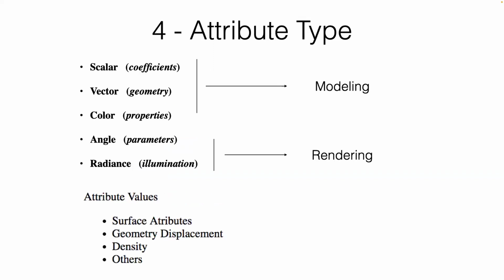And then, related to the type of information that you are mapping, we need to consider the type of attributes. You have attributes that are related to modeling objects and surfaces, and then attributes that are related to rendering, to compute illumination. For modeling, to map things as texture on a surface, we have scalars, vectors, and colors.